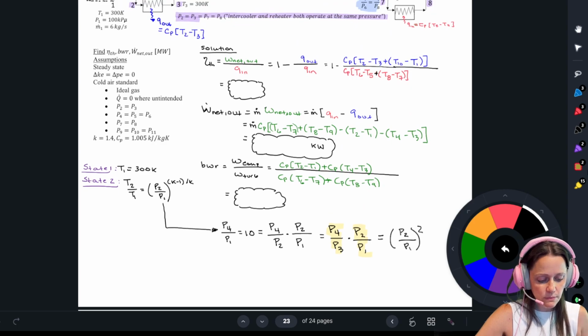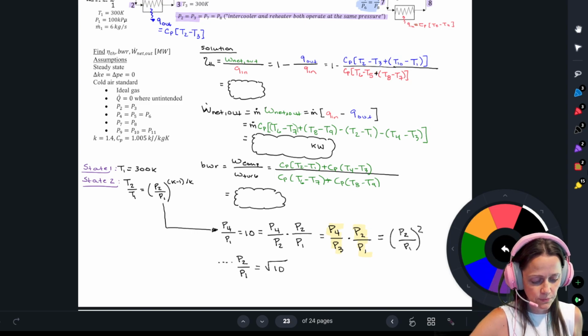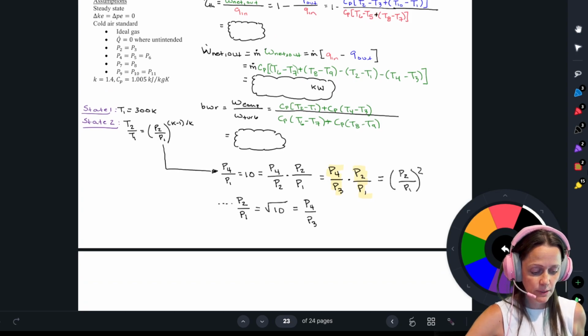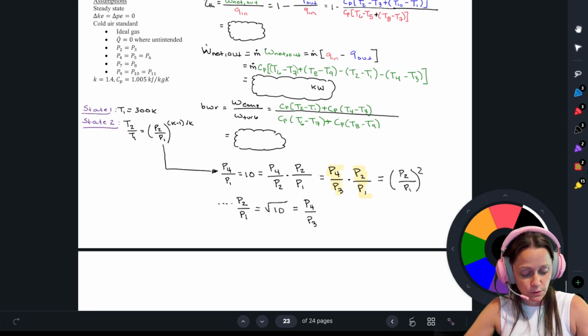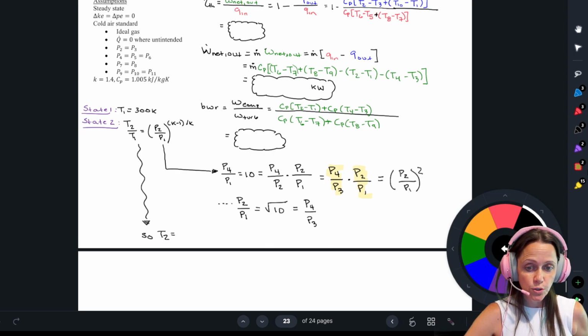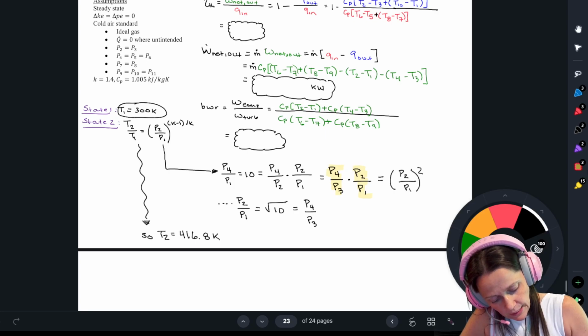As a result, P2 over P1 is the square root of 10, and that's the same as P4 over P3. And so now I can solve. I get that T2 is equal to 416.8 Kelvin.